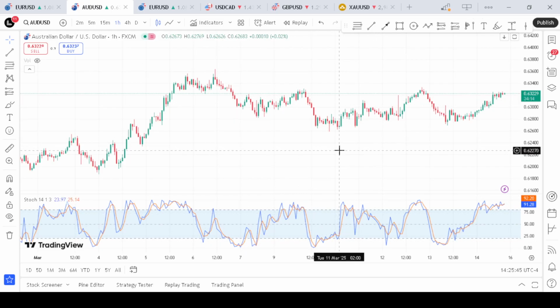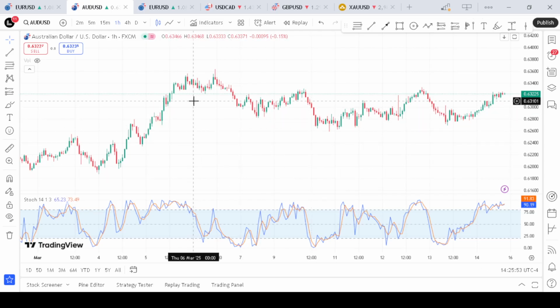One key feature of this indicator is divergence. For instance, if price makes a new higher high but the stochastic indicator makes a lower high, this signifies a potential reversal. Similarly, a bullish divergence occurs when price is making a new low but the oscillator doesn't make a new low.